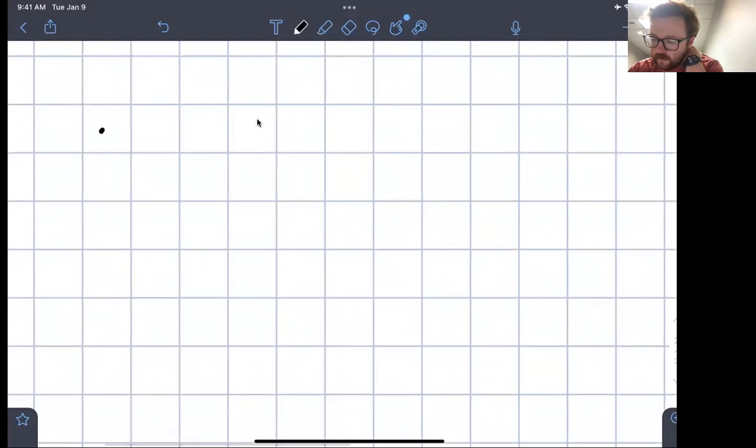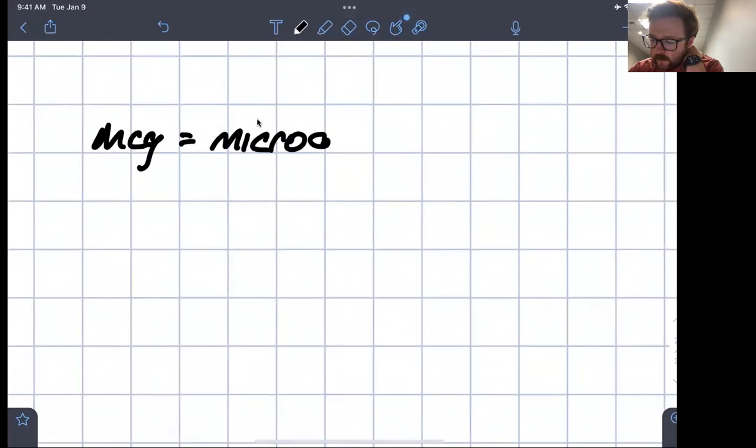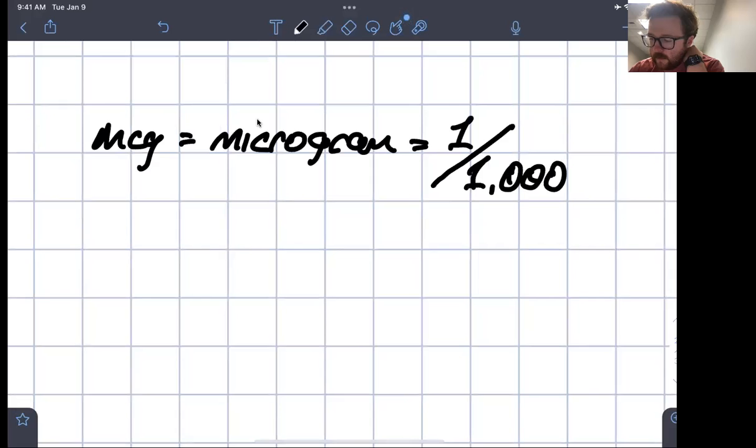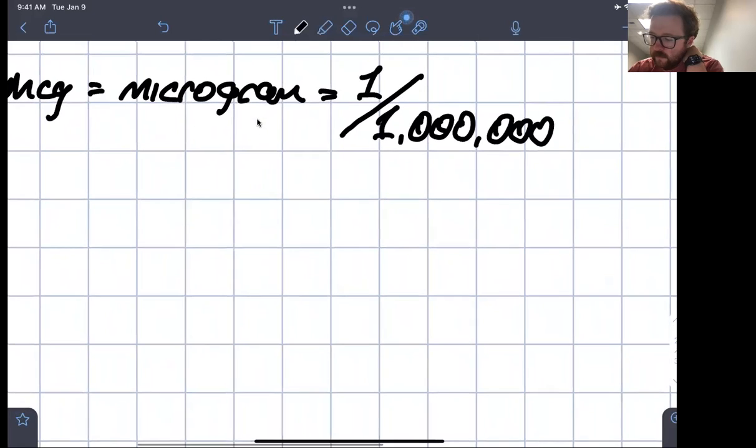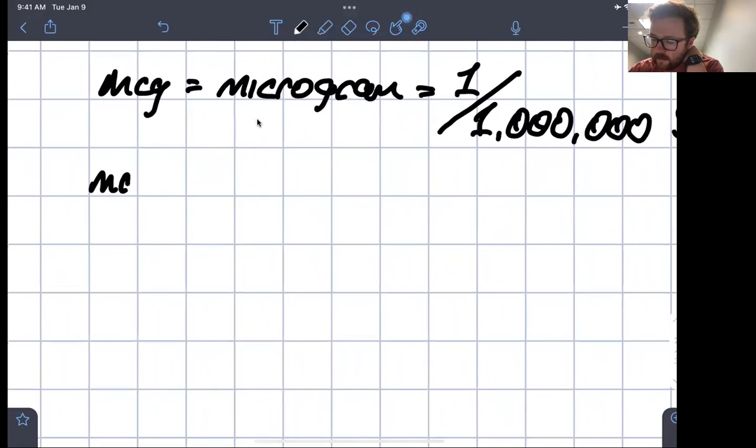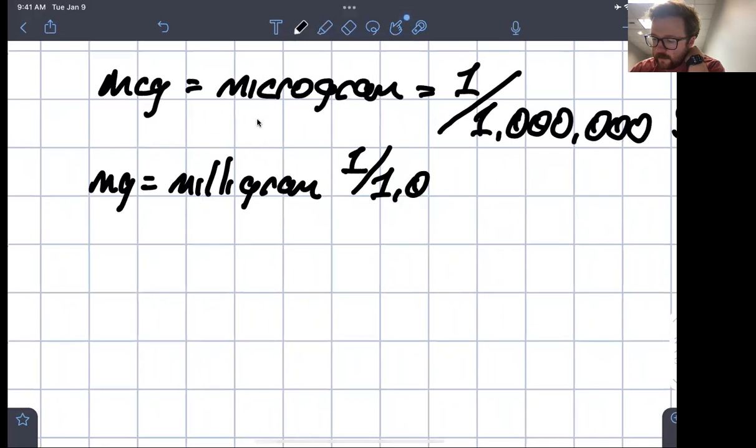Remember, microgram is 1 over 1 million of a gram. Milligrams is 1 over 1,000.